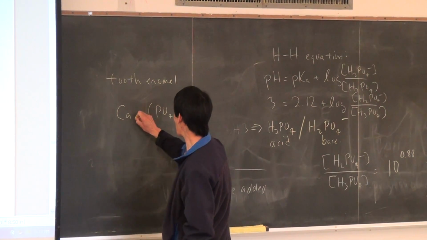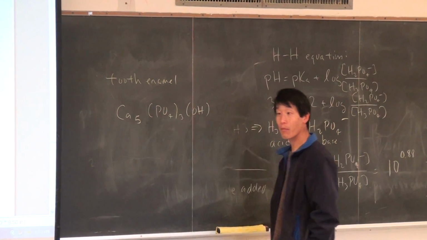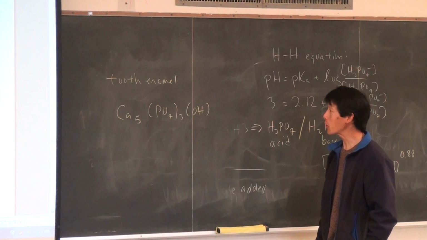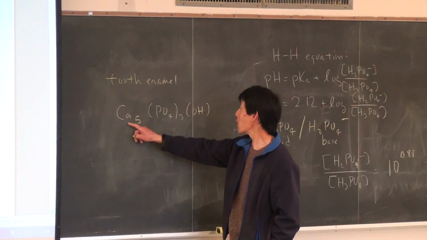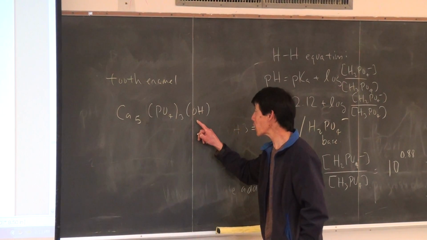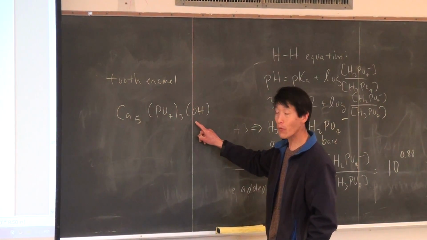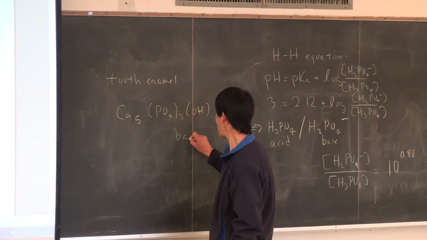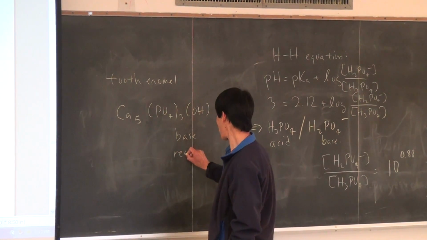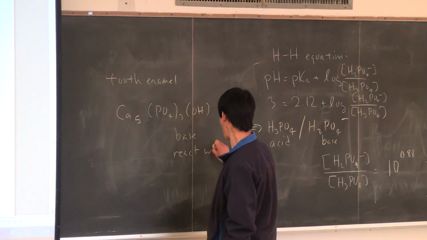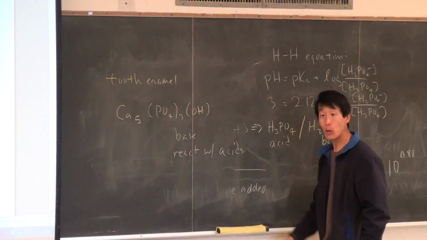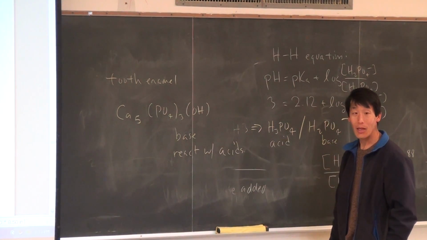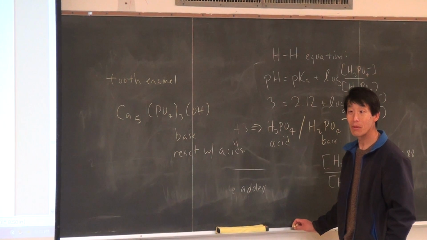Ca5PO4OH. That's tooth enamel. So note that we have a metal and then the phosphate and hydroxide. So note that this is the basic part. So if this is the basic part, this is going to react with acids. So acid will actually dissolve tooth enamel. And when that happens, then it causes cavities.